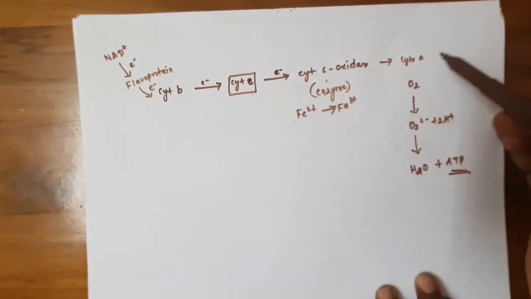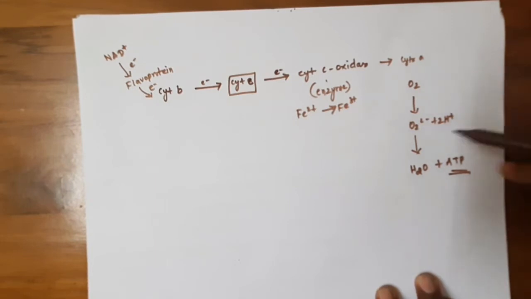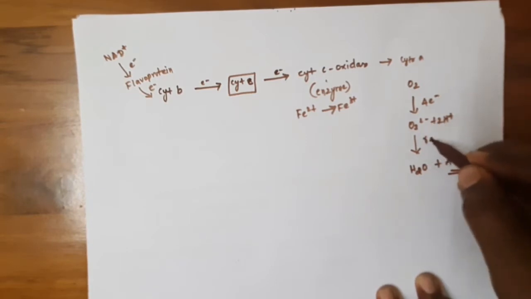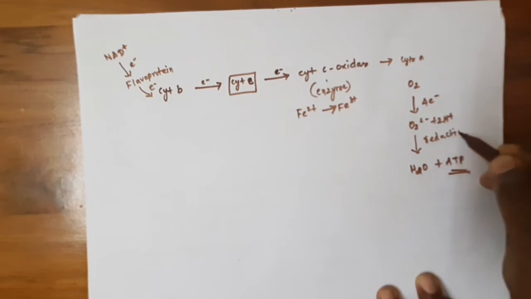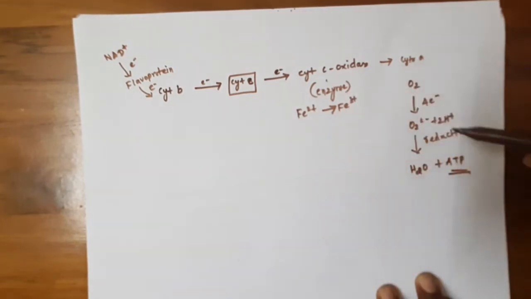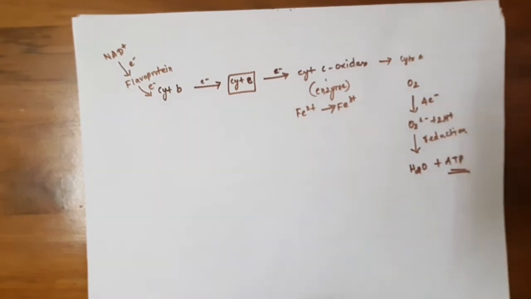The oxygen is bound by cytochrome A, and this cytochrome A gives 4 electrons to the oxygen, and binding the 4 protons present in the mitochondrial membrane converts this oxygen to a water molecule. So this is the reduction step, and during this electron passage, the electron energies are released. The energy is taken by ADP, and the ADP is converted to ATP.